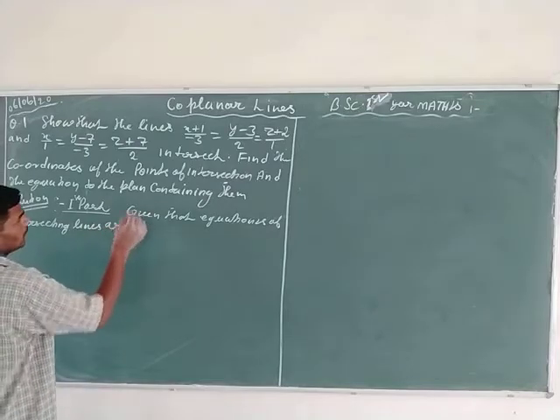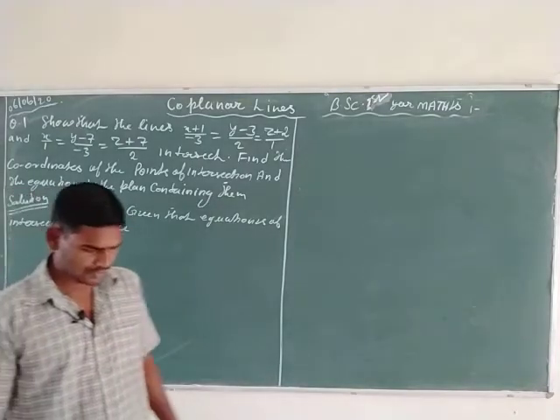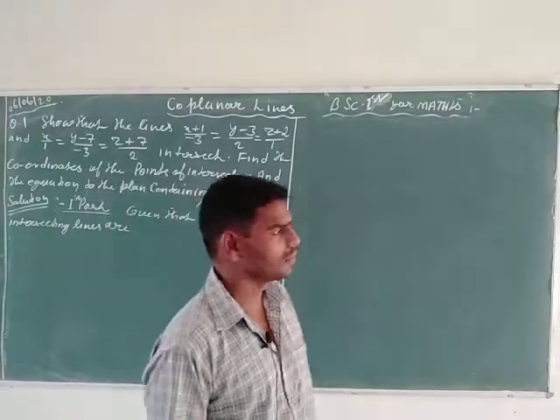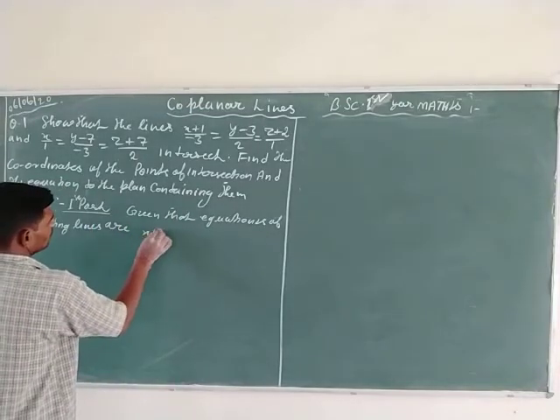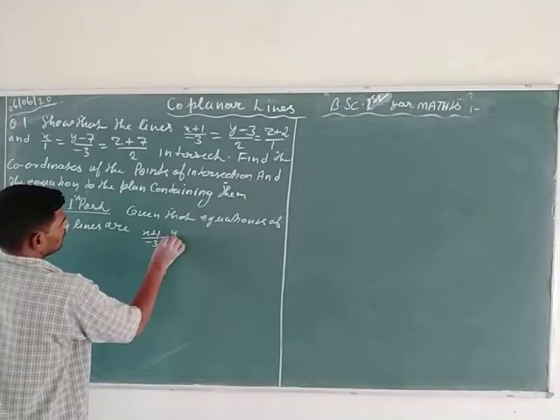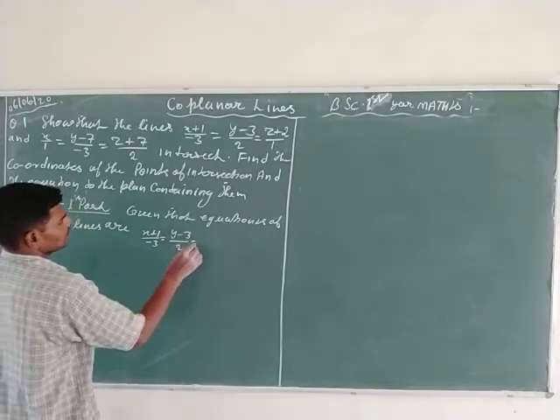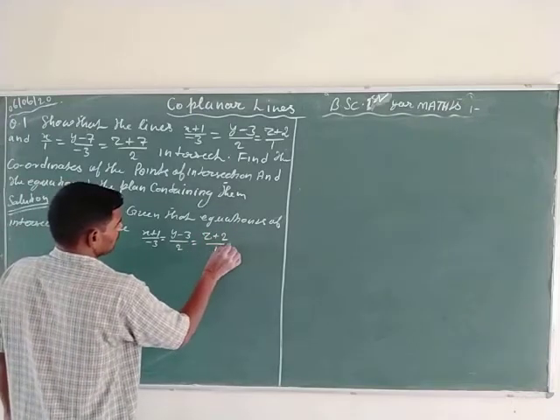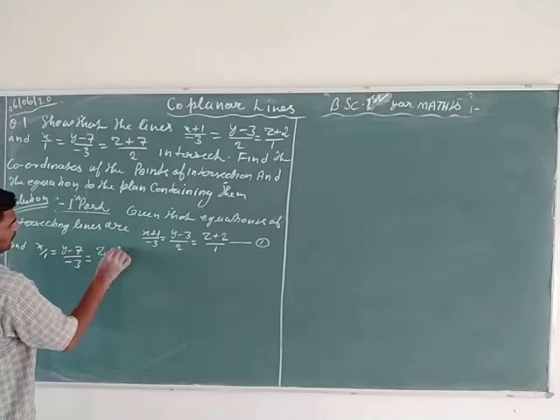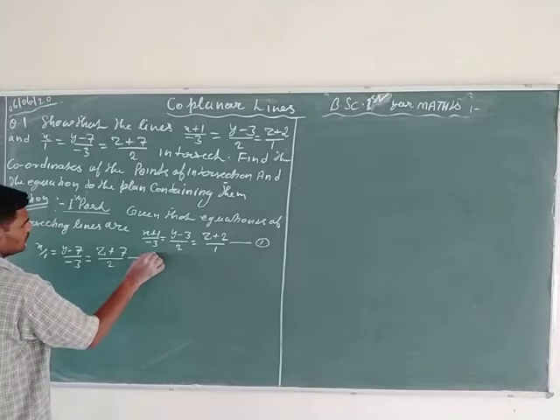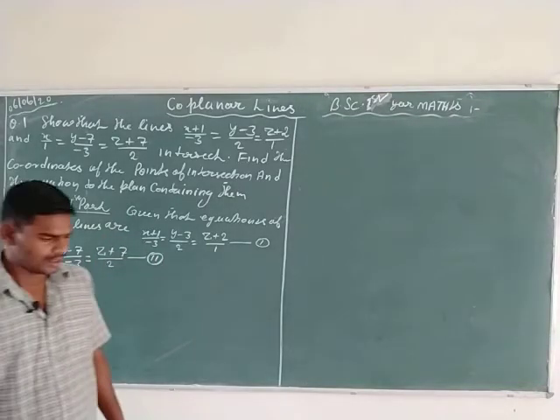are given in the symmetrical form. So (x plus 1) by minus 3 is equal to (y minus 3) by 2 is equal to (z plus 2) by 1 is equation first, and equation second is x by 1 is equal to (y minus 7) by minus 3 is equal to (z plus 7) by 2.